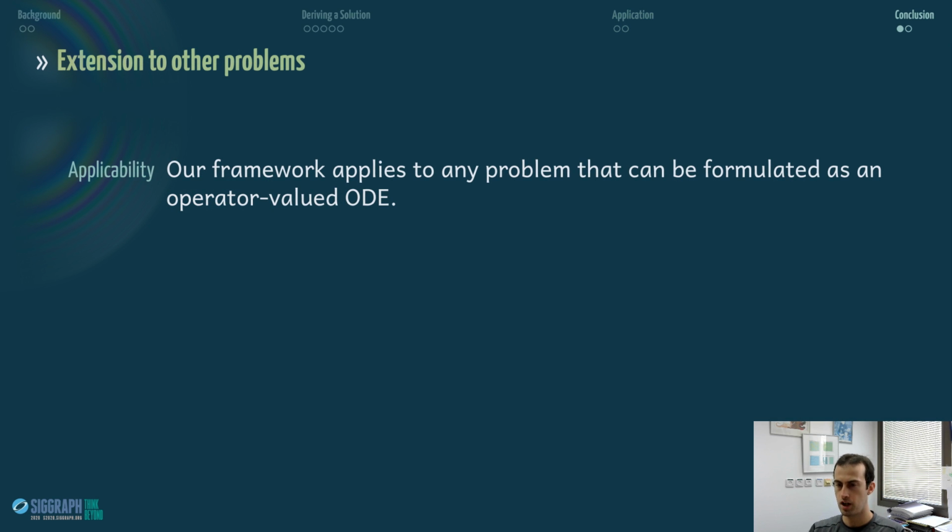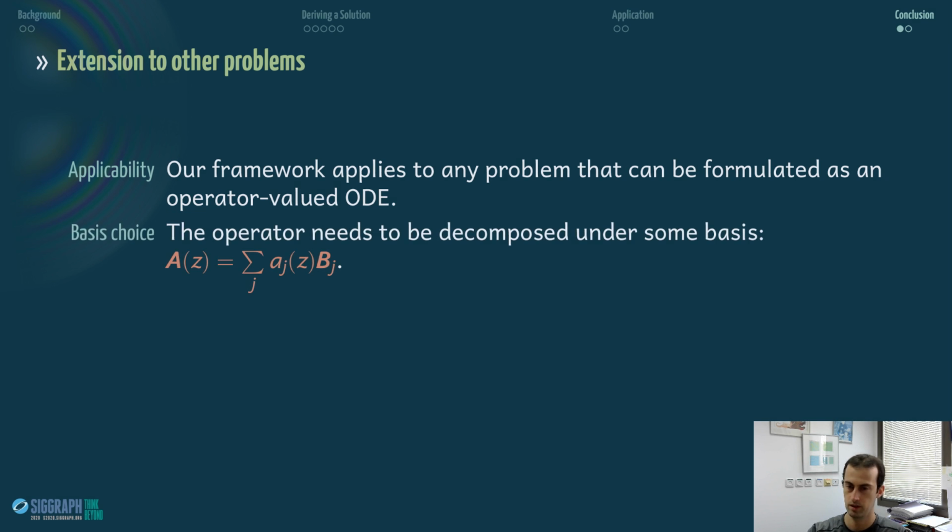Okay, so let's talk about how we would apply the same technique to a different problem. As mentioned, this framework is applicable to anything that can be written as an operator-valued ODE. The hard part would be choosing the basis, and remember that order actually matters.